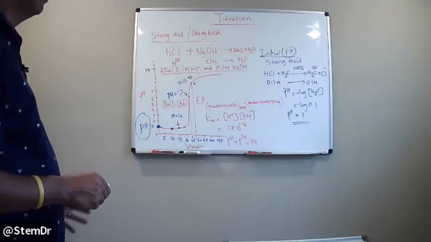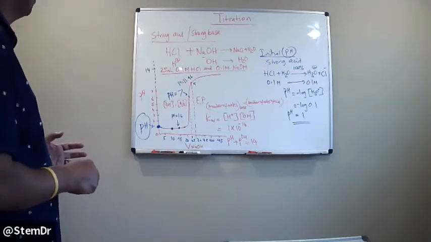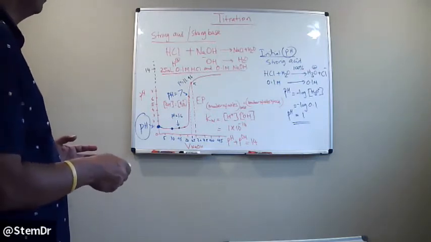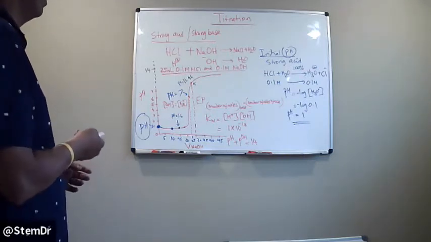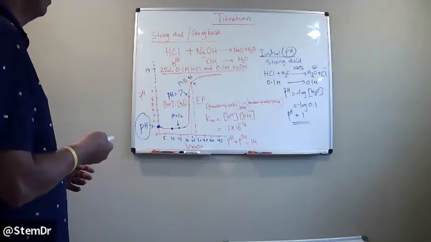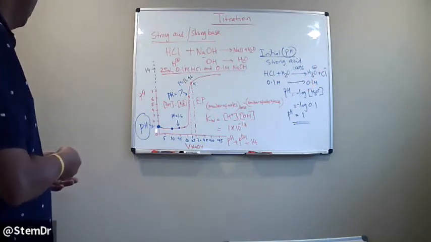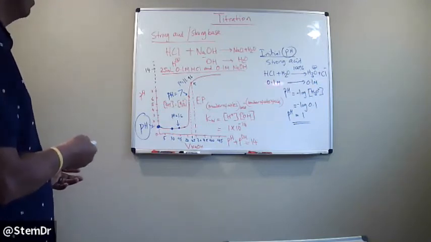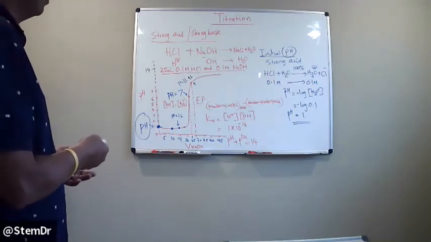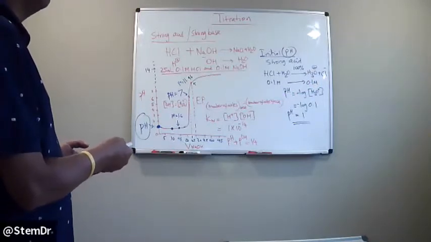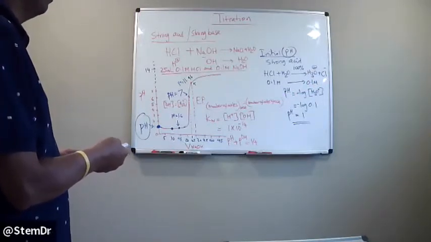Therefore, if you have an initial solution of 0.1 molar hydrochloric acid in aqueous solution, you would also have a hydronium ion concentration of 0.1 molar. So that is what you have at the initial stage of adding no sodium hydroxide. So 0.1 molar HCl produces 0.1 molar hydronium ion and 0.1 molar of the conjugate base.